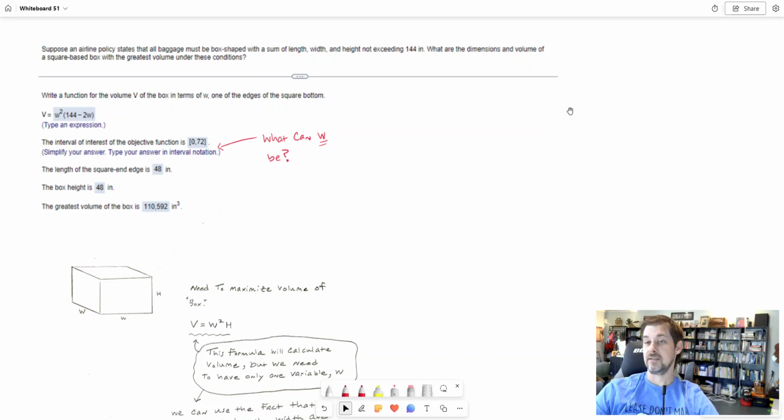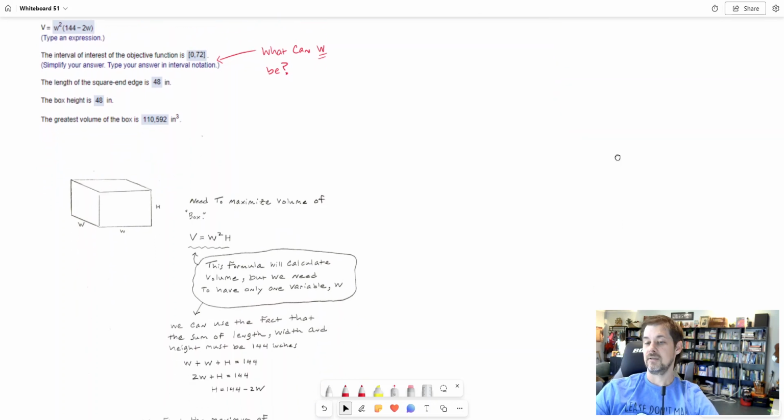And then I realized that, well, so far I've drawn a picture to represent what we're dealing with. I've labeled it correctly. I've given a formula for the volume, but I haven't used this other criterion which says that the sum of the length, width, and height can't exceed 144 inches.